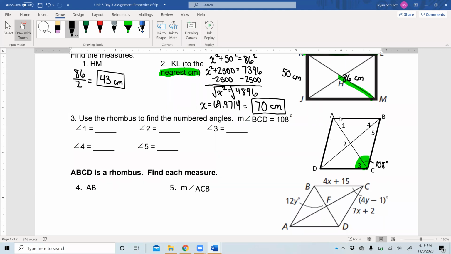And then I have to find angles 1, 2, 3, 4, and 5. Sounds like a lot, but it's not too bad.